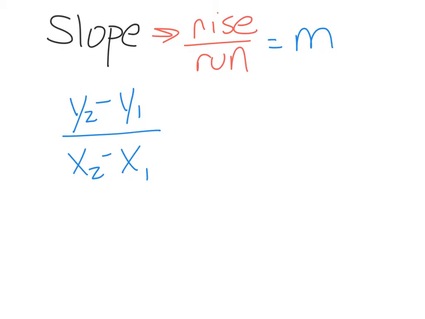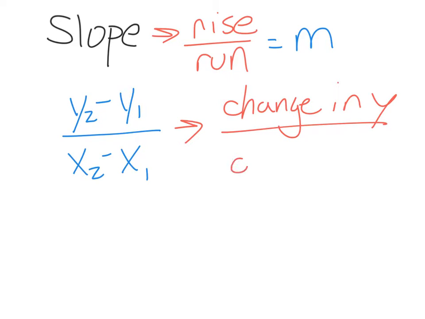Because this is the change in the y values over the change in the x values. Okay? So that's pretty good. Another thing you want to know this as is anything that's talking about the average rate of change.